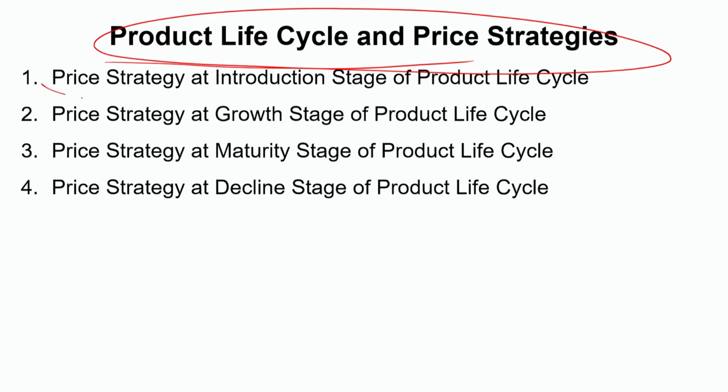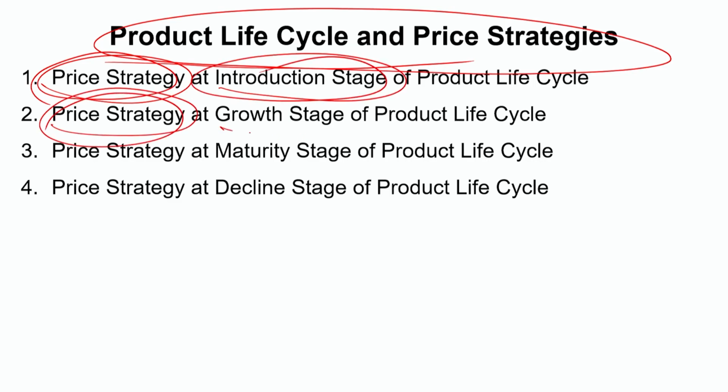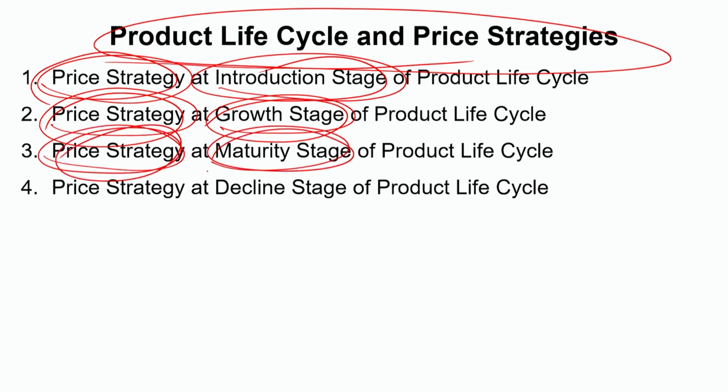We are going to discuss pricing strategies at the introduction stage, at the growth stage, at the maturity stage, and at the decline stage. So the pricing strategy will be different for different stages.